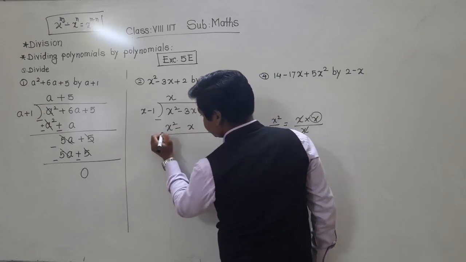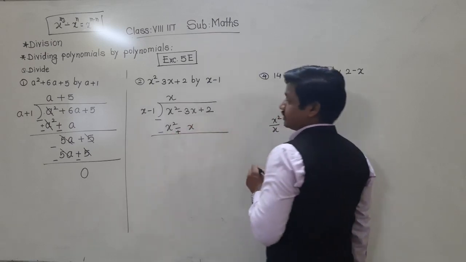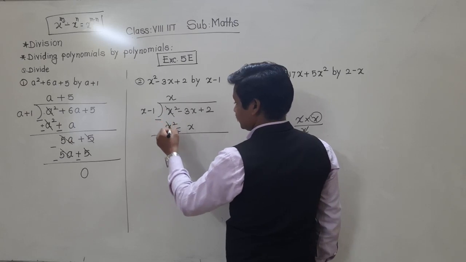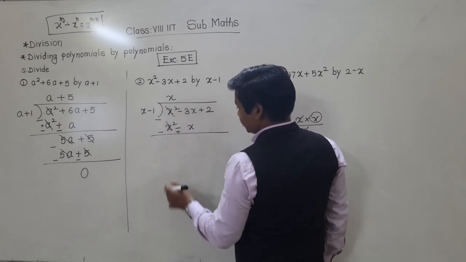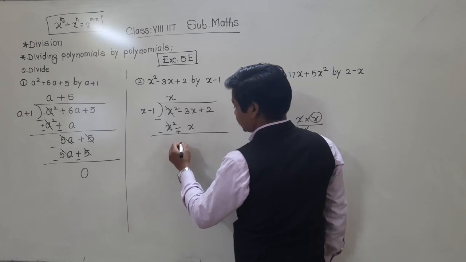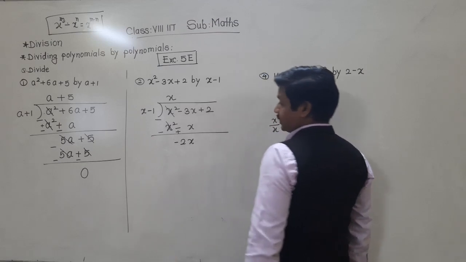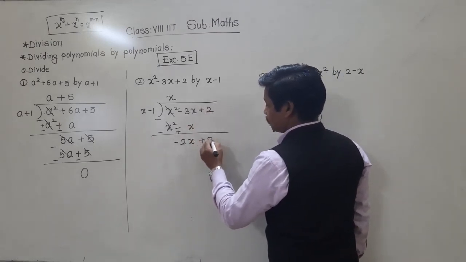This plus x square will become minus, this minus x will become plus. Okay. So x square minus x square gets cancelled, minus 3x plus x, minus 3x plus x, so 3x minus x is 2x. The greater number is 3, that's why minus 2x. Okay. Understood? Then take plus 2, take it down.